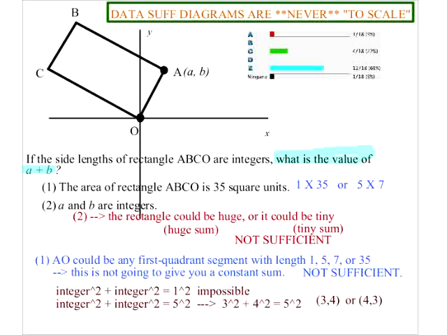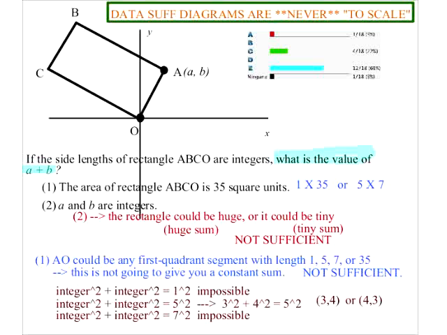Notice that doesn't mean insufficient, because these still have the same sum. So we need to keep looking. Integer squared plus integer squared equals 49 doesn't work. This is impossible.